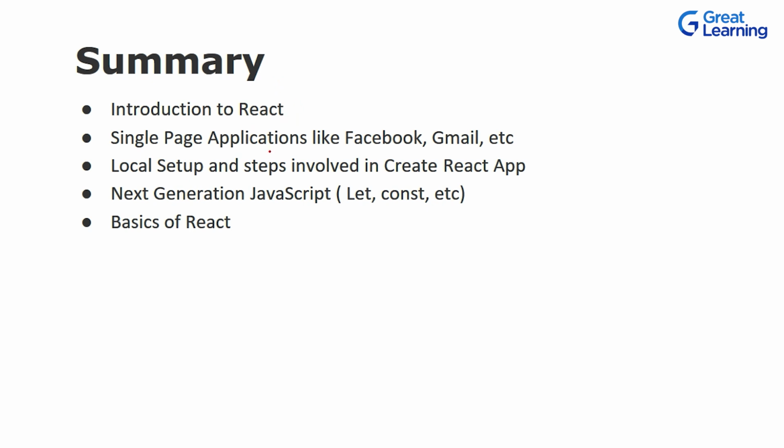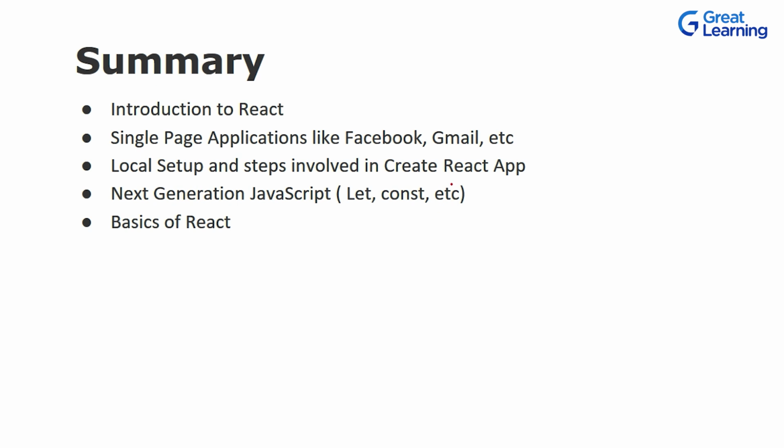Then we talked about single page applications and examples like Facebook, Gmail, Twitter, etc. Then we talked about the local setup, wherein we talked about the things that we require. That was Node.js for the development server, and the editor, any editor, right? We use Sublime Text. You can go for any editor like Visual Studio or Atom.